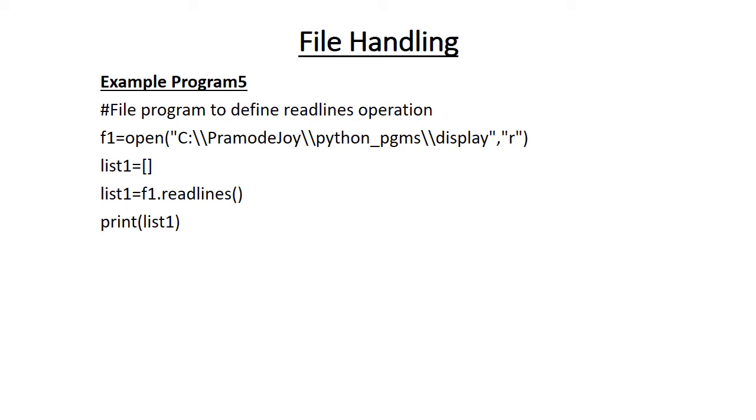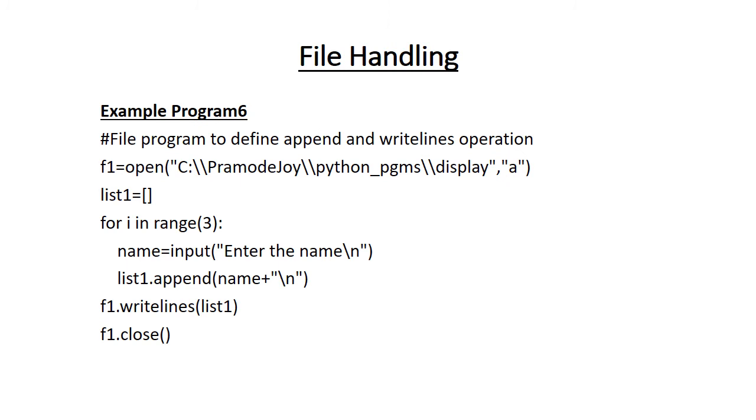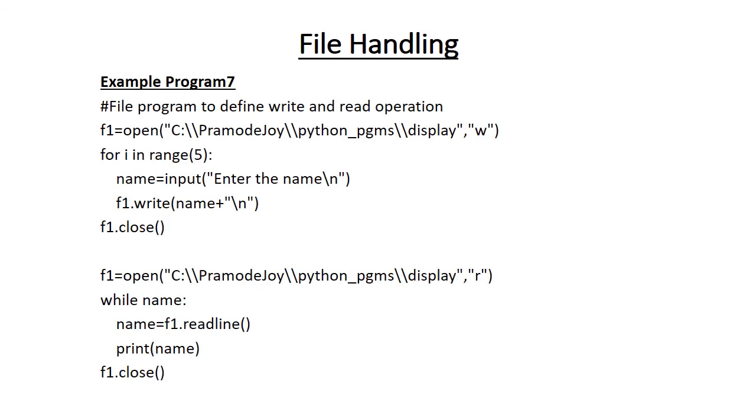Example program 5 explains the readlines operations. Example program 6 explains the append and writelines operations. Example program 7 explains the write and read operations simultaneously, that means one after another. After write, then read.